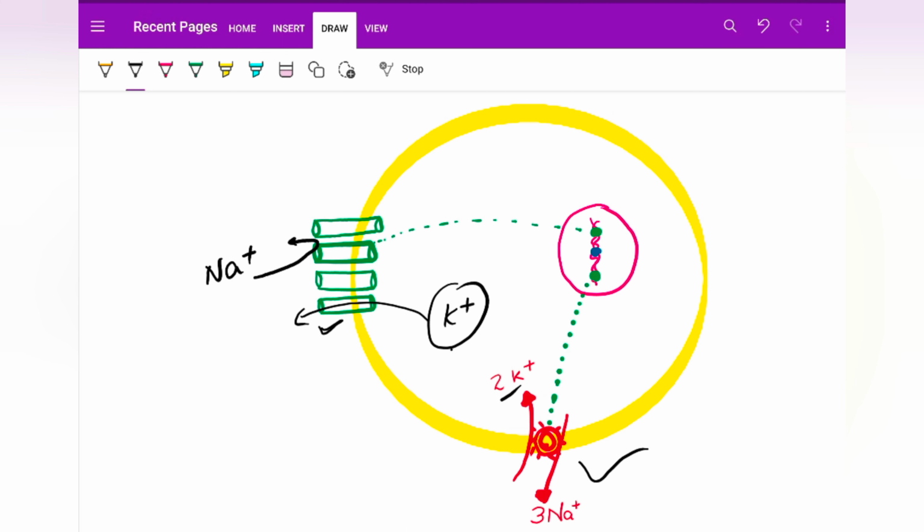So K plus can move inside the cell and it can also come outside the cell. It depends upon K plus in which direction it wants to move. We'll see later what factors determine the movement of K plus.